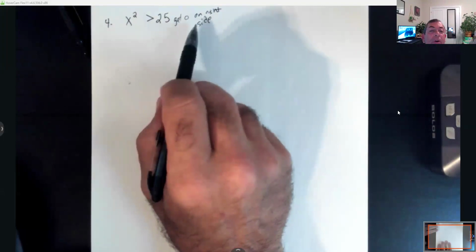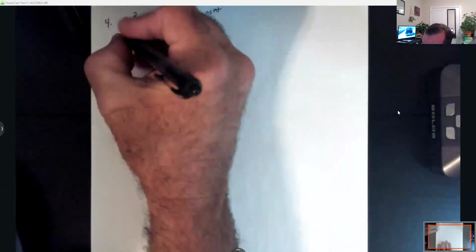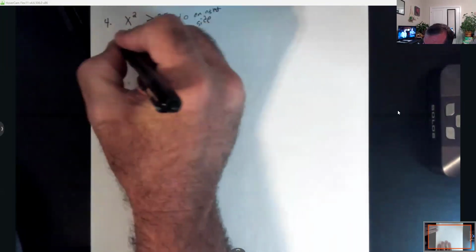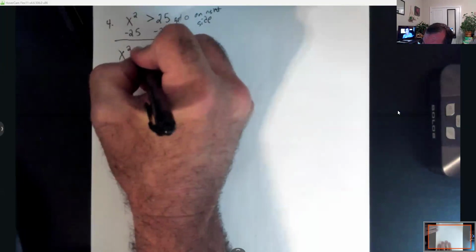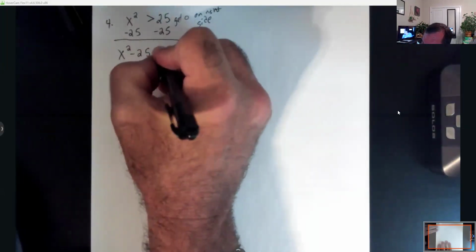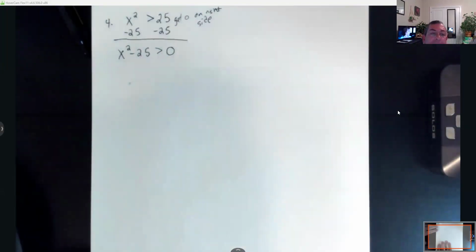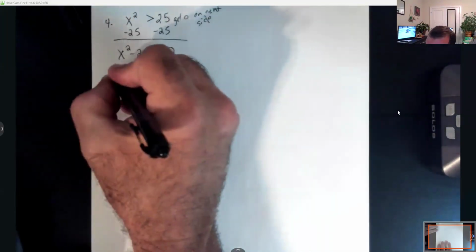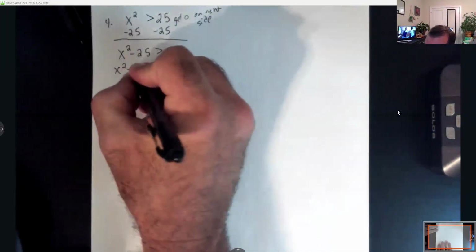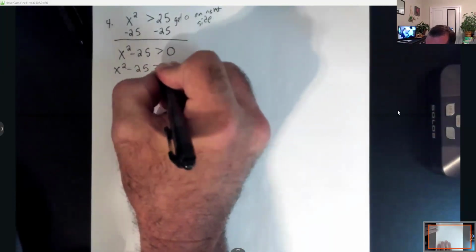All right, so to get a 0 on the right side, I'm going to subtract 25 from both sides. So x squared minus 25 has to be greater than 0. All righty, so I'm going to set it equal to 0 and solve it now.